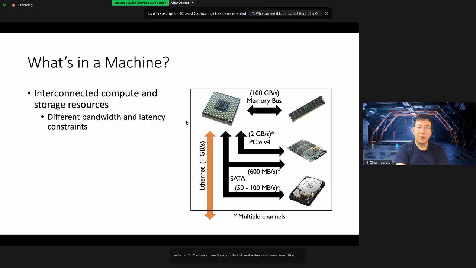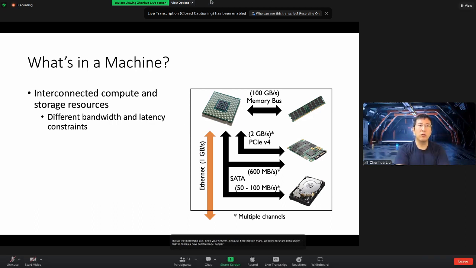On the other hand, moving data through Ethernet can actually be even faster than a local disk. There are also other high-speed connections like InfiniBand that are increasingly used for GPU servers, because for distributed machine learning, we need to share data frequently, and that becomes a new bottleneck compared to local processing.